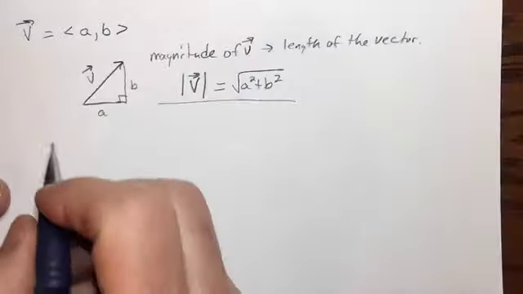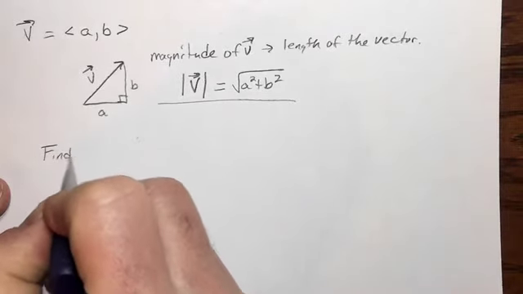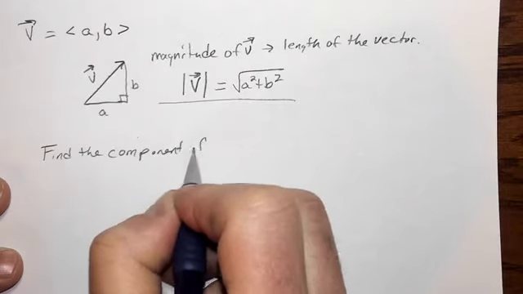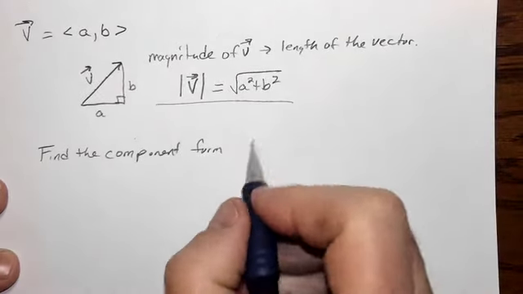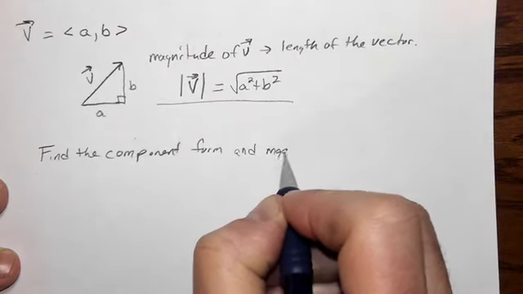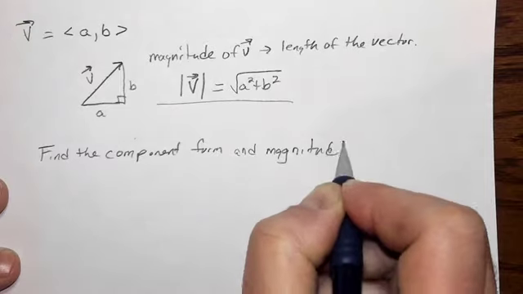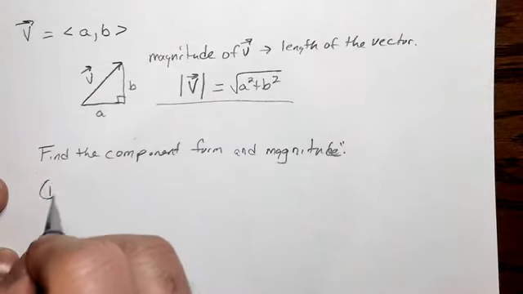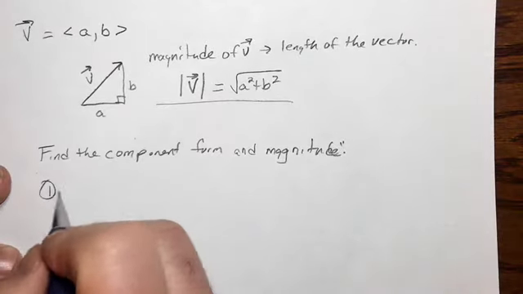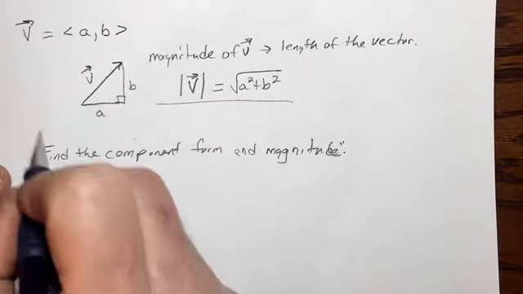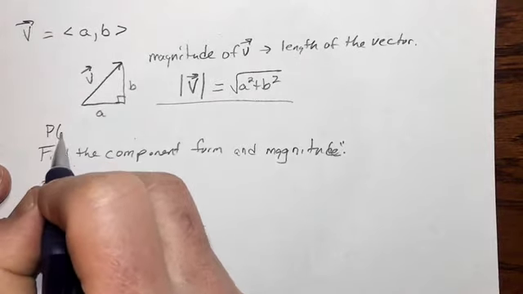Okay, so now we're going to look at some examples. Let's say I want to find the component form and magnitude of the following. I'll write the points up here. P was the point 3, 5.